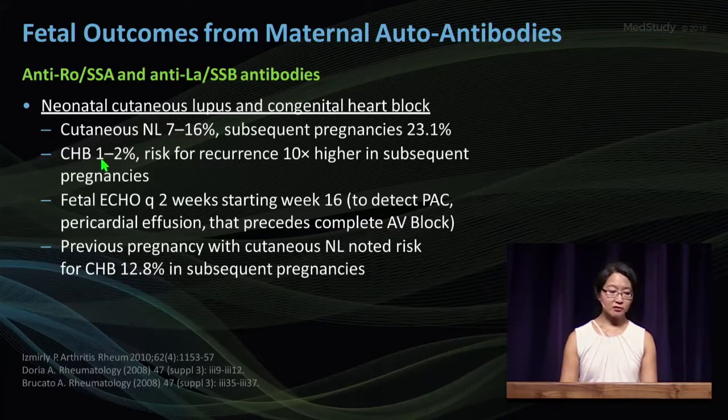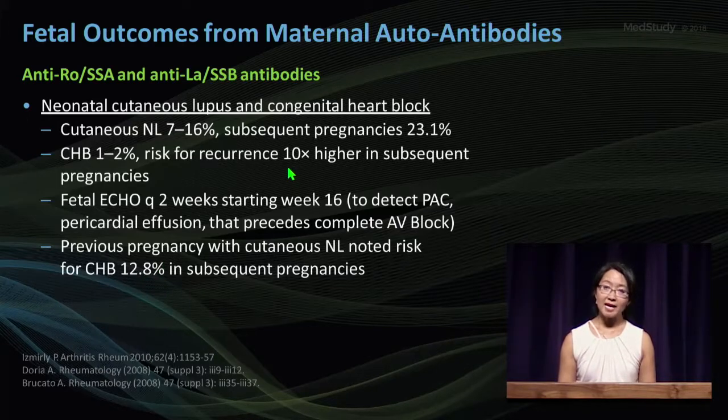The risk for congenital heart block is because of these maternal antibodies that cross the placenta in the third trimester. Congenital heart block, where third-degree heart block occurs, is about 1 to 2%, and the risk for recurrence is 10 times higher if mom already had a child with congenital heart block. If mom had a child with cutaneous neonatal lupus, the risk for congenital heart block is 12.8%.